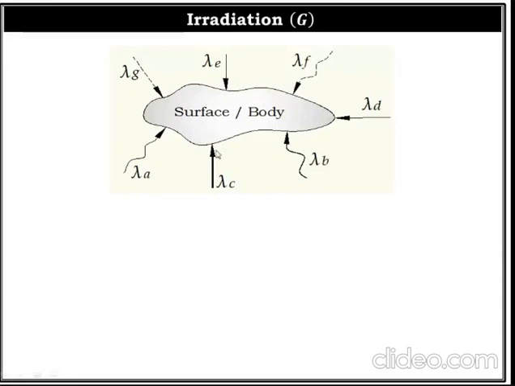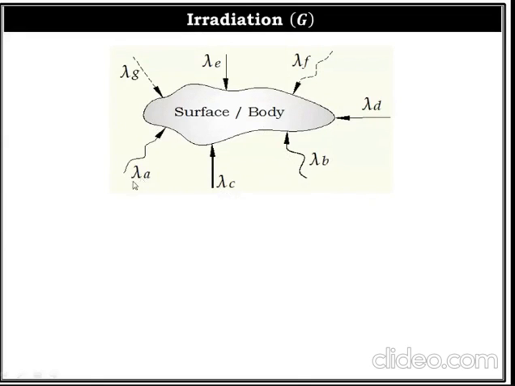So irradiation, what is irradiation? In simple language, irradiation is nothing but the radiation received by any particular surface or any object. All radiation received by the particular surface is known as irradiation. Suppose there is any body or surface, and radiation arrives in all directions as well as having different wavelengths.